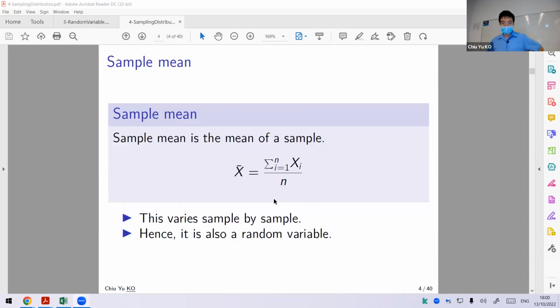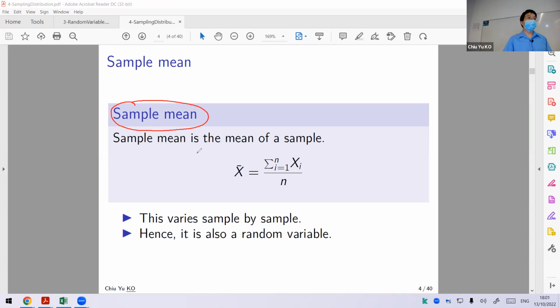Now the next thing, I think it's the most important. This is the main thing we focus on in the whole course: what we call the sample mean. In the introductory example, we have the income of the people. What we want to do is look at the sample and ask their income.